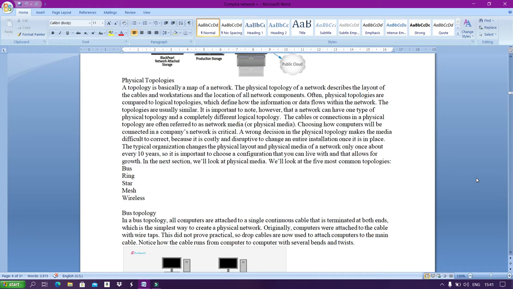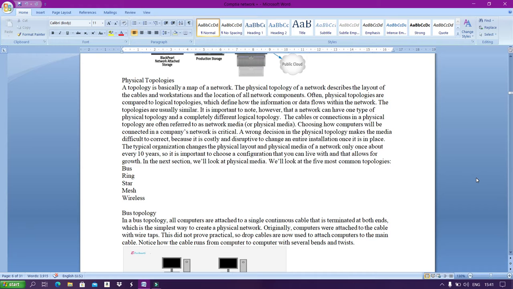Choosing how computers will be connected to the company's network is critical. A wrong decision in the physical topology makes the media difficult to correct because it is costly and disruptive to change an entire installation once it is in place.